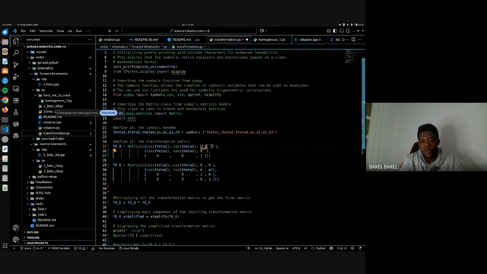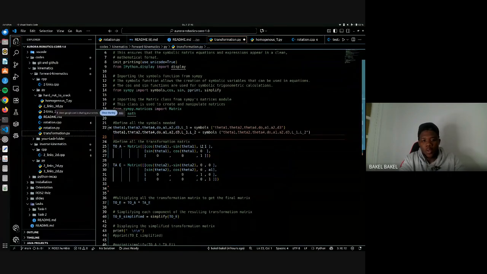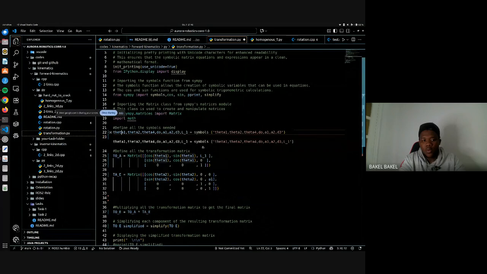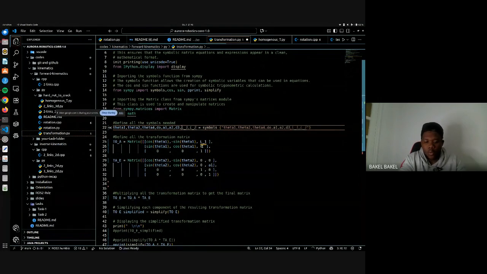L_1, cos theta, L_1, L_2. Opposite. L_1, L_2.